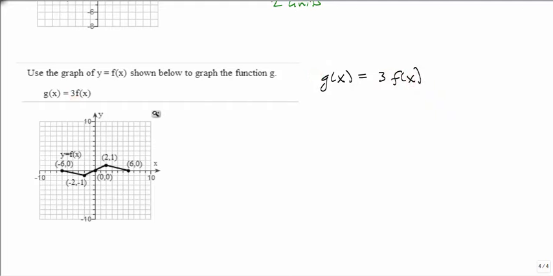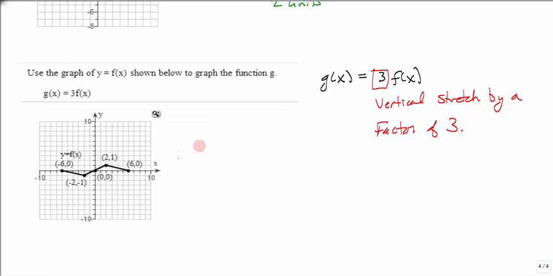Okay, this is on the outside of the function. I only have one transformation here. It's on the outside of the function. So this is a vertical stretch. Now, if it's on the inside, it does the opposite of what we think, but if it's on the outside, it does exactly what we think. This is a vertical stretch by a factor of 3.